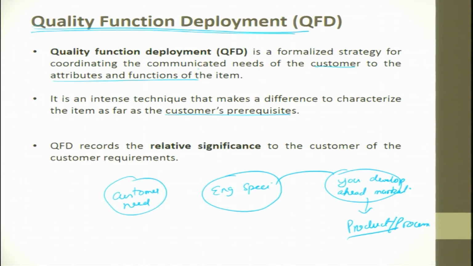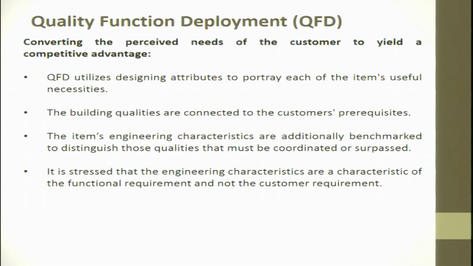Quality function deployment records the relative significance to the customer of the customer requirement, converting the perceived needs of the customer to yield a competitive advantage. QFD utilizes designing attributes to portray each of the item's useful necessity.